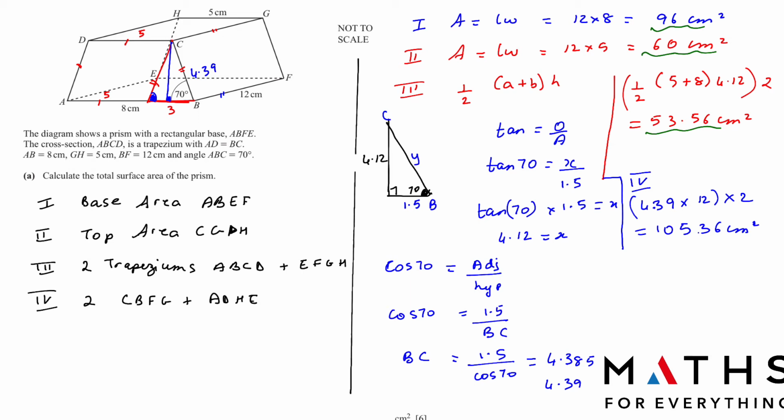Therefore, total area is going to be, we add up all that we found, 96 plus 60 plus 53.56 plus 105.36, 314.92. So this was a long question, worth the 6 marks.